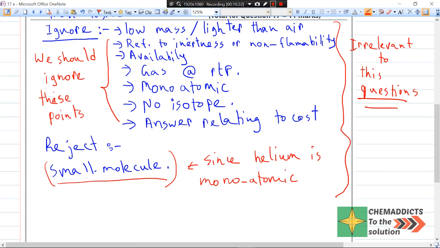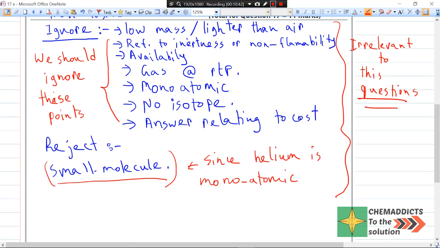If we write this type of answer to this question, we might not get any marks, or the examiner would not give any marks.